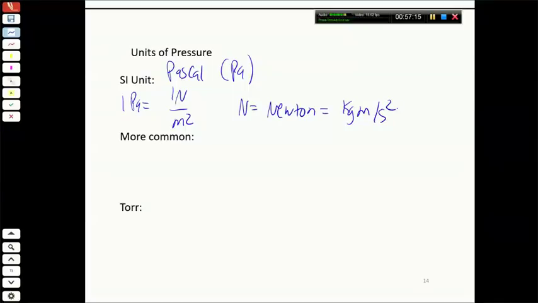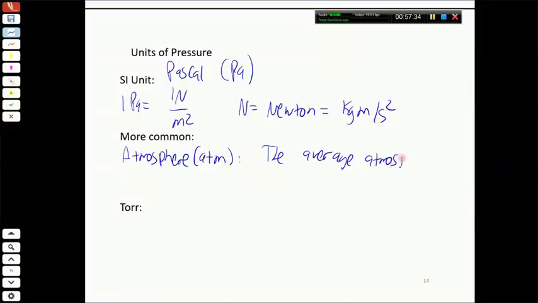The one that we use most often in this course is going to be the atmosphere, abbreviated atm. Basically, 1 atmosphere is the average atmospheric pressure at sea level. Or we can call that the barometric pressure, now that we know what a barometer is.